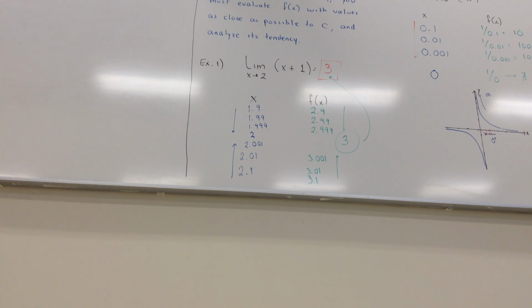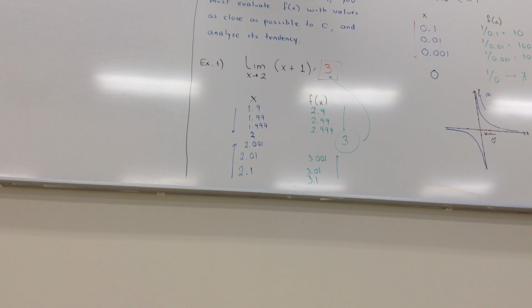Okay, something a little more complicated. For example, let's say I have the limit as x approaches 3, but this time from the left, of x squared minus 9 over x minus 3. That's a more complicated function, but still, it's not that hard to do.